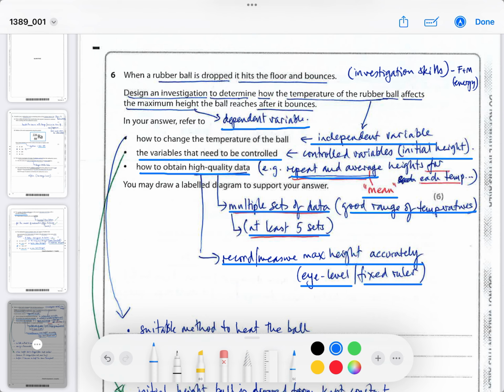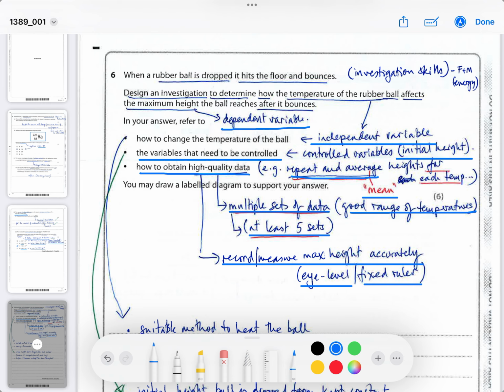You don't adjust the ruler, so you clamp the ruler and make sure it's vertical. That's the other thing to ensure that you have accurate data: making sure that you don't move the ruler. You're basically trying to determine how high up the ruler it bounces, and you may need to do it more than once to make sure that you've recorded it as accurately as possible.